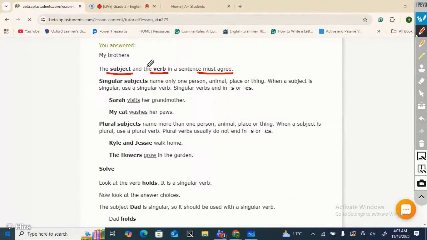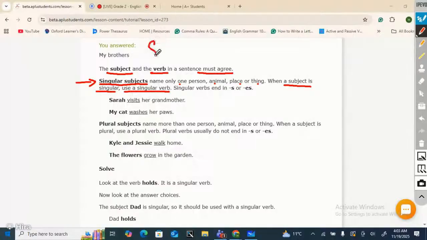What does it mean that they must agree? There are two types of subjects, singular subjects and plural subjects. Singular subjects name only one person, animal, place, or thing. When a subject is singular, use a singular verb.